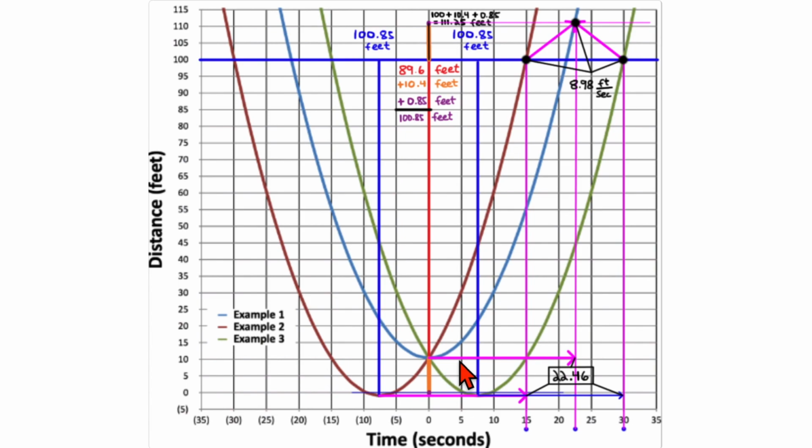So 22.46 seconds from rest for body 1, 22.46 seconds from rest for body 2 right here, and 22.46 seconds from rest for body 3 right here. For example 2 and example 3, that gets you out 100 feet from point 0 and 111.25 feet from point 0 for body 1. All three now are traveling at a velocity of 8.98 feet per second.